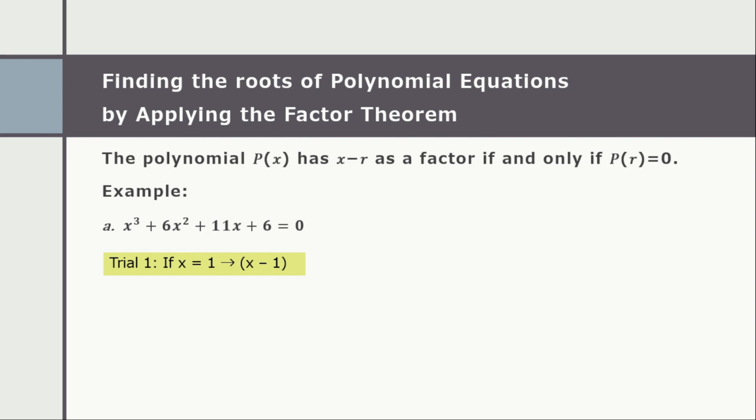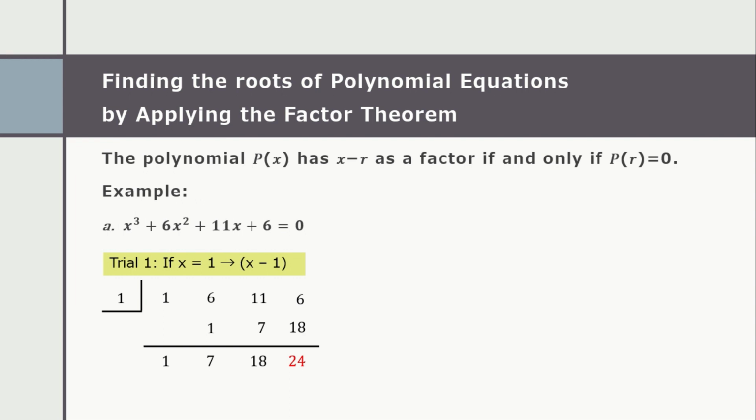Doing that, we need to write the coefficient of the given equation. So we write 1, 6, 11, and 6. And the divisor is 1. We need to bring down the leading coefficient, which is 1. Then 1 multiplied to the divisor 1 is equal to 1. Then 6 plus 1 is equal to 7.